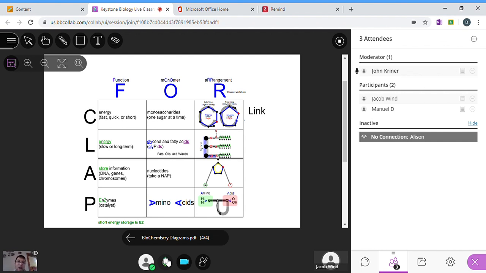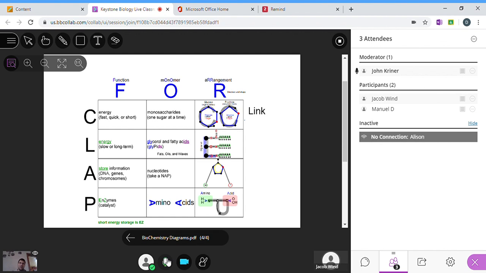What is a macromolecule? Macro means large. So if you have many atoms all bound together in the same molecule, you have a macromolecule. Well, you see, all living things are made of the same four macromolecules of life. How do we remember these four macromolecules?